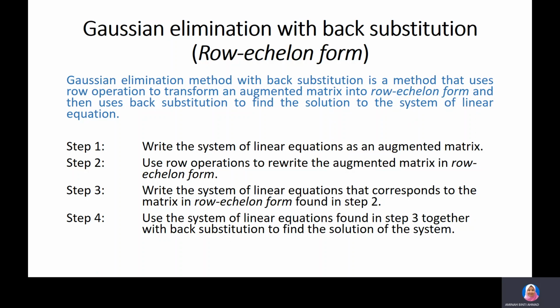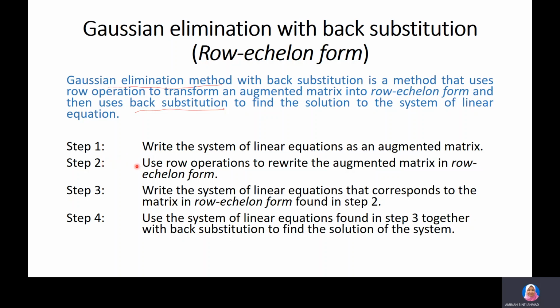Okay, so we will use the Gauss elimination method and then back substitution together as steps to solve the linear system. We have 4 steps. Step 1, write the system of linear equations as an augmented matrix.